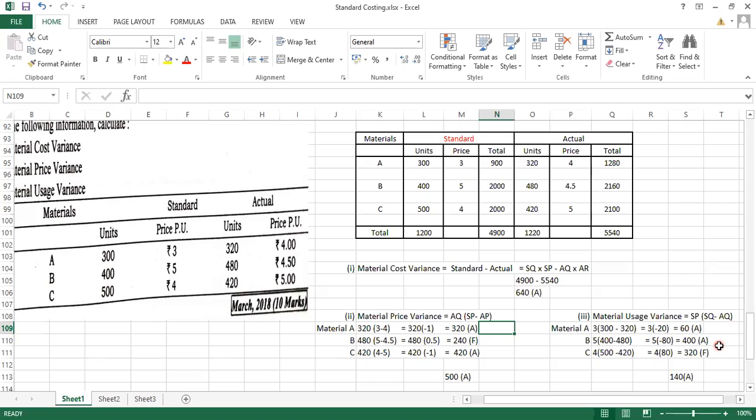Now same way calculate for material A, B and C. Now what is the standard price over here? 3 rupees is a standard price. In bracket you have to subtract the quantities. 300 minus 320. Now 300 minus 320 करेंगे तो we will be getting a negative 20. So 3 into negative 20 means it is negative 60. So here it is an adverse.